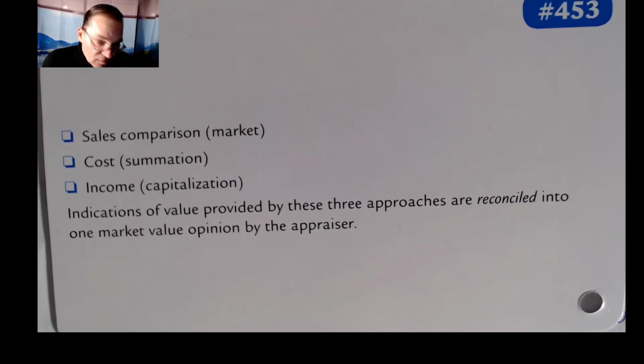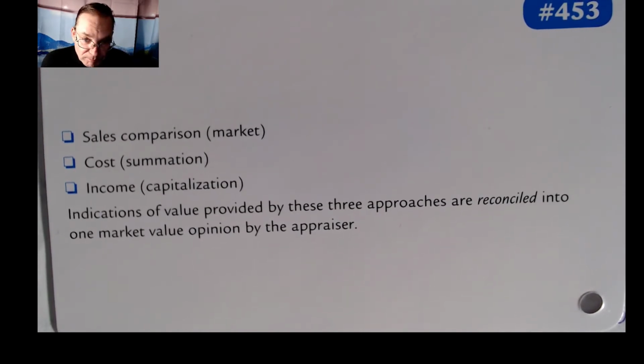There's the cost. And then there's the income, using a capitalization, how much money you're making from the property. The cost to build, and then a comparison amongst other properties.